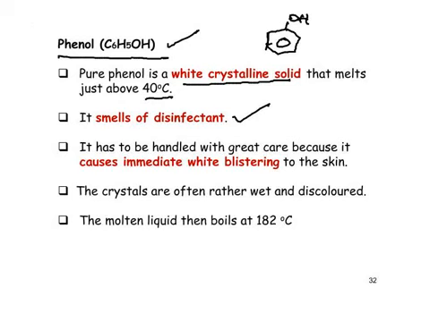Students are reminded of the smell of deep heat used by footballers for muscle injuries or to warm up the muscles. It has to be handled with great care because it causes immediate white blistering to the skin. The crystals are often rather wet and discolored, and the molten liquid boils at 180 degrees centigrade.